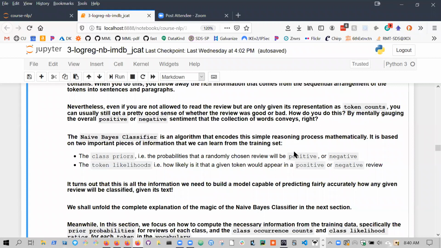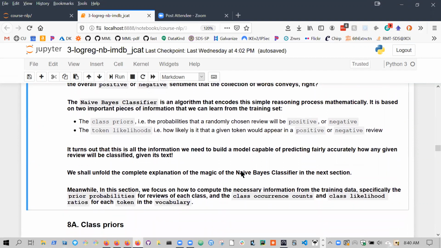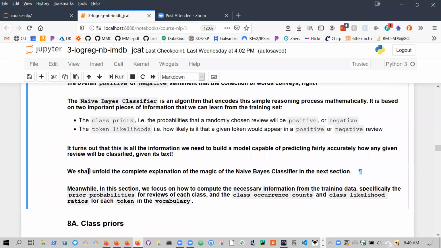And the important distinction here is that it's not the probability that the word appears in all the reviews. There's one likelihood for positive reviews and one likelihood for negative reviews, referring to the probabilities that the token appears in all the positive reviews or all the negative reviews, respectively. This is all the information that we need to build this naive Bayes model. So now we're going to go through how this all gets done.